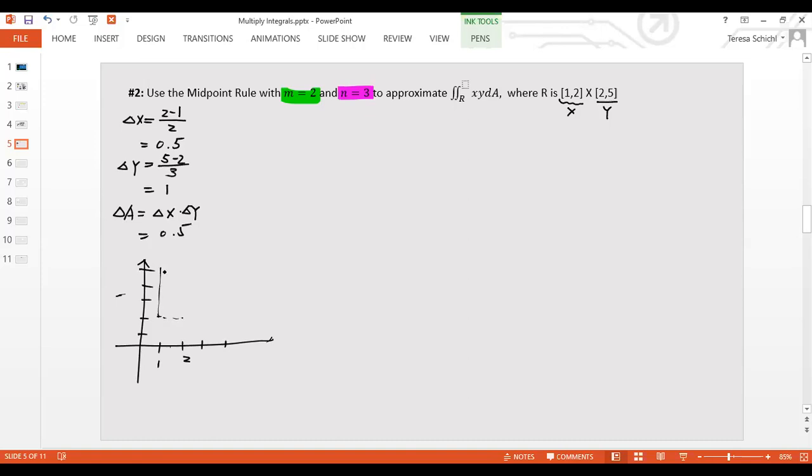So this is my integration area. Delta x is 0.5, and delta y is 1. So how many sub-areas do I have? I have 6.